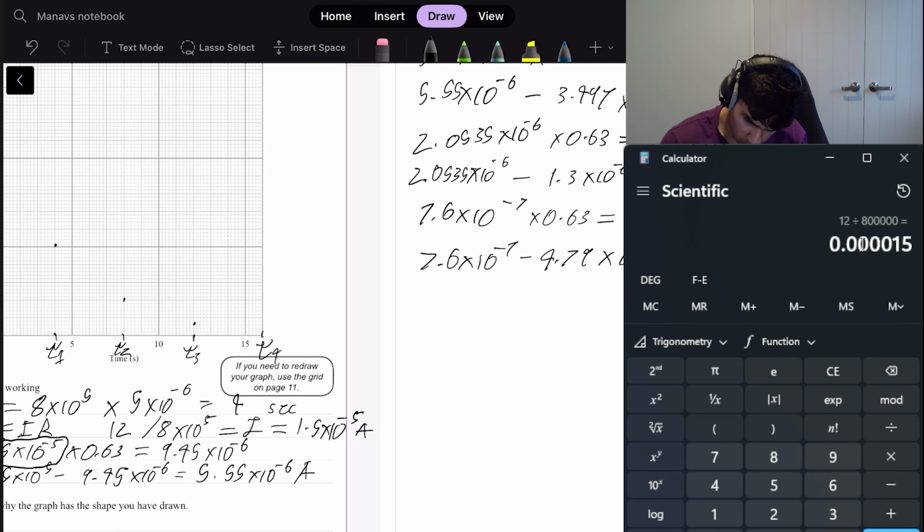We get 2.8 times 10 negative 7, so it's literally like nothing.